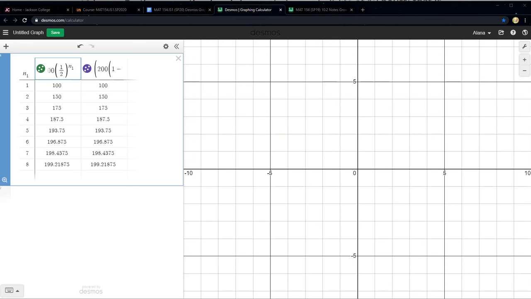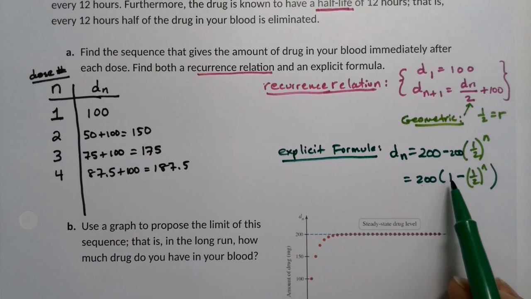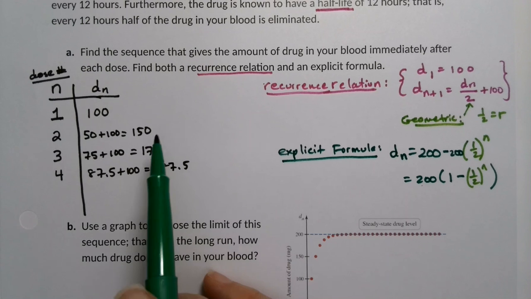And I have to start at 200 because, of course, I have to make the 1 work out, right? So if I'm going to make this formula work, I have to take 200 minus 200 times a half to the 1, and 200 times a half to the 1 is 100, and that'll make it so that 200 times 1 minus a half is 200 times a half, which will make 100 work.